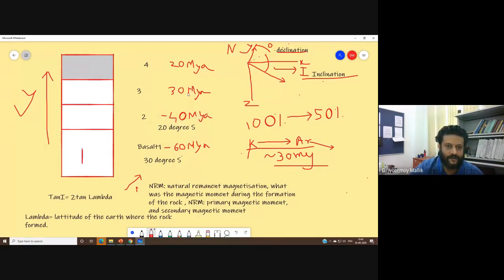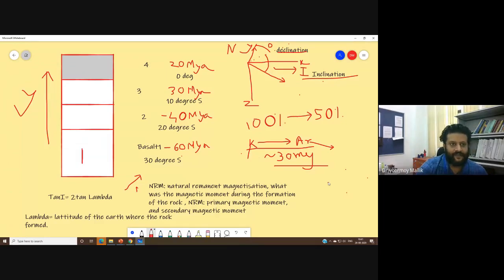Then I do it for the third basalt, and I find the latitude to be 10 degrees south, and for the fourth basalt, 0 degrees. That means at the equator. Now that is absolutely strange.